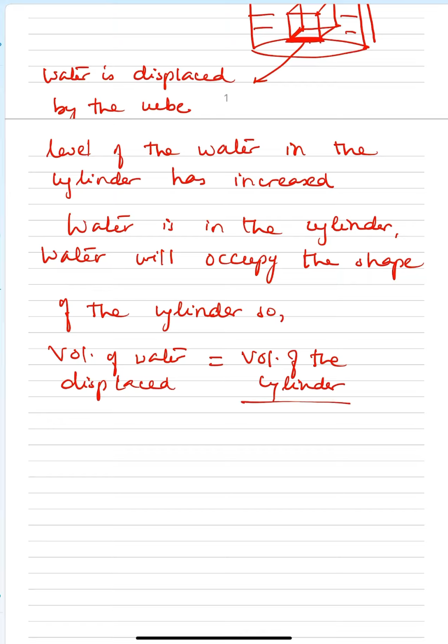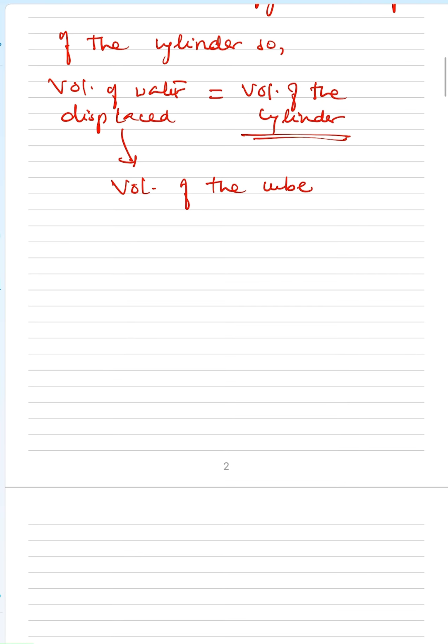We can use the formula of volume of the cylinder for the volume of the water displaced because it occupies the shape of the cylinder. But this is equal to the volume of the cube. So the formula here we will use is: volume of the water displaced is equal to the volume of the cube.